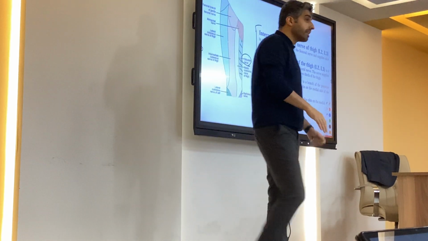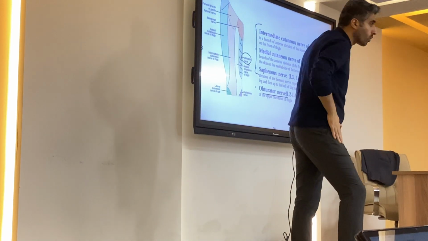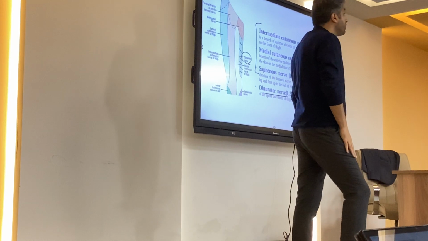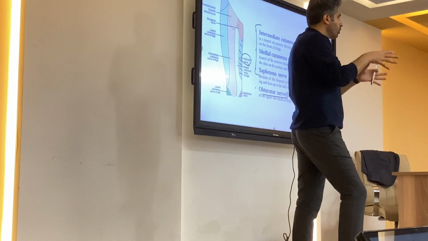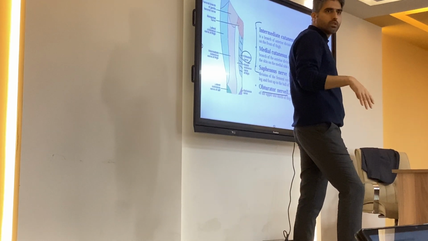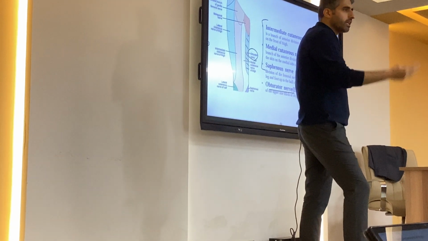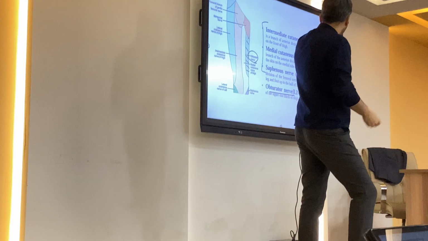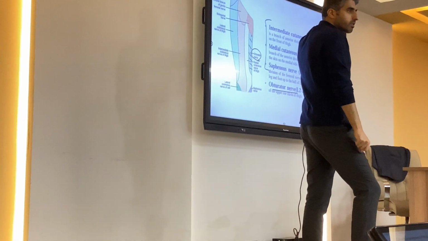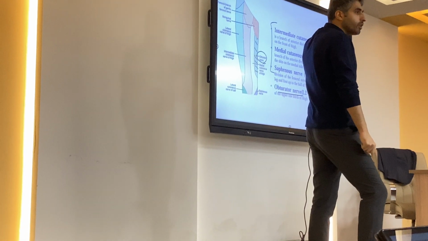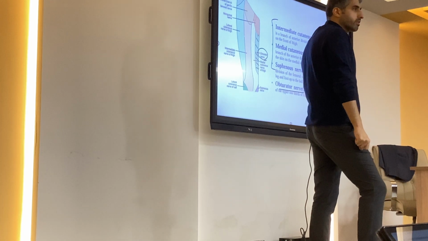Femoral nerve, yes. The main nerve for the anterior compartment is the femoral nerve. It has motor function and sensory function. Motor function for muscle here. For sensory function, it has three nerves: intermediate cutaneous, medial cutaneous, and saphenous.